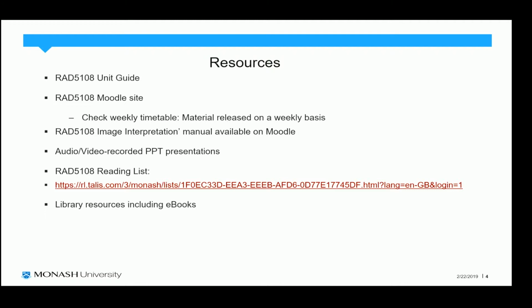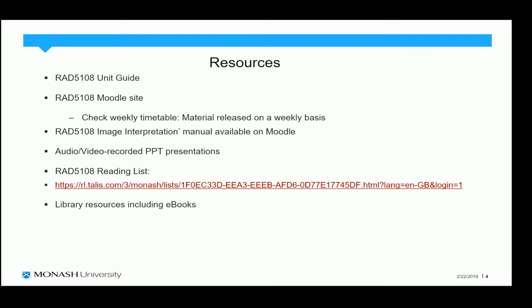The resources that are available are, of course, the unit guide, which is a good starting point, as well as the Moodle site. It's important that you check the weekly timetable. Material will be released on a weekly basis to ensure that your learning is scaffolded. There's also an image interpretation manual available, which is electronic, and I will link that to each week's activities.